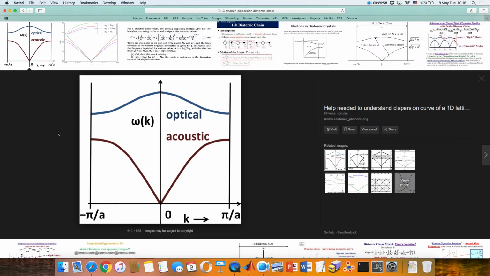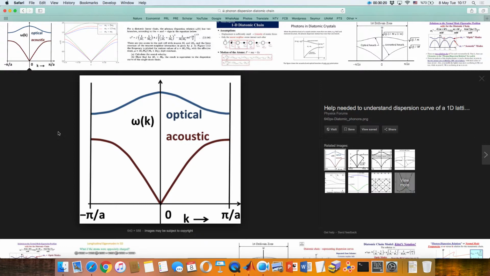How many modes do you expect to get? Any ideas? 3. 6. Okay, how many atoms do you have? 2.